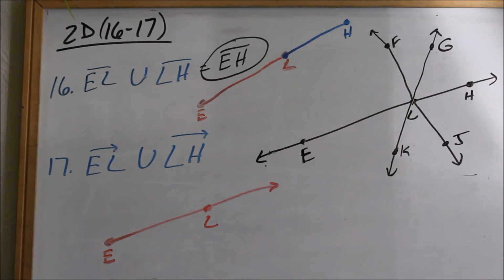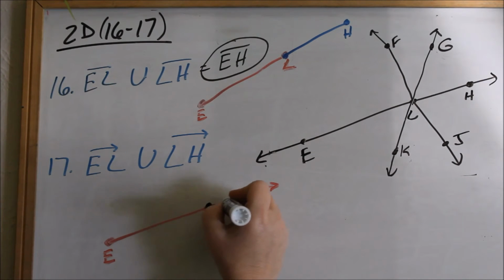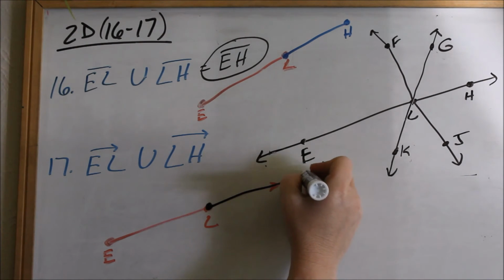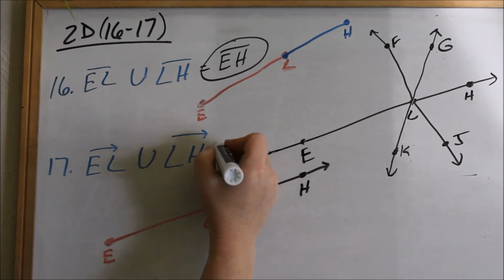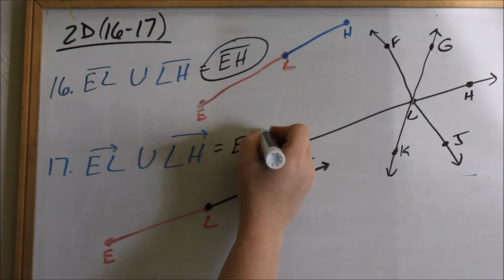Then if I draw a ray LH, well, I'm just going to use a different color. So there's L, then redraw LH, here's H. If I combine those two rays together, if I add them together, join them together, what do I get? I get ray EH. So this could be called ray EH.